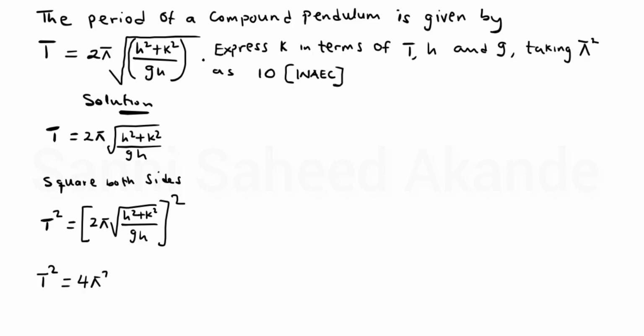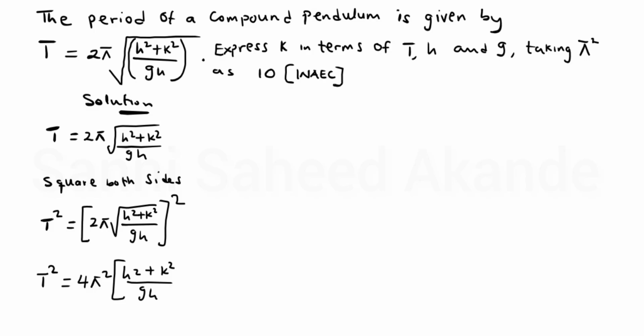Now this square root will also disappear, because square root is also equal to 1 over 2. Then this 1 over 2 times the power of 2 will cancel each other. Is that understood? So that is why that square root will disappear, and when it disappears, we are left with h squared plus k squared divided by gh.